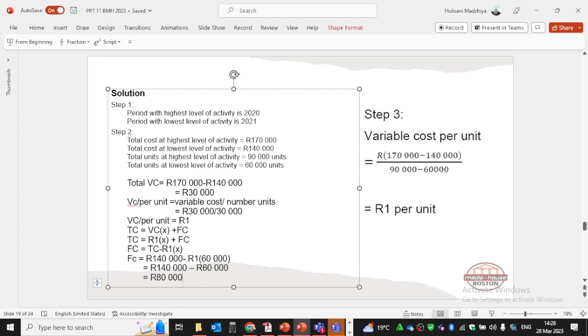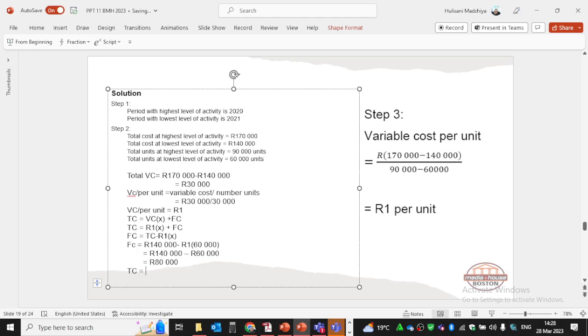Once we have the value of the fixed cost, we can write our equation to say that the total cost equals 1 rand, which is the variable cost, multiplied by X, plus 80,000. You can prove this by substituting. Let's put 90,000 in it and see if we get 170,000.